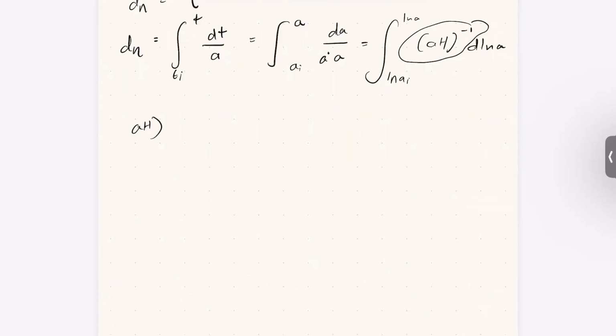So here I'm defining H inverse as the co-moving Hubble radius, and this will be essential when we explain the horizon problem further. Now, here a_i, when I set it to 0, this gives me the Big Bang singularity, right? Remember when I was explaining the scale factor, I said that the scale factor can range from 0 to 1 today.